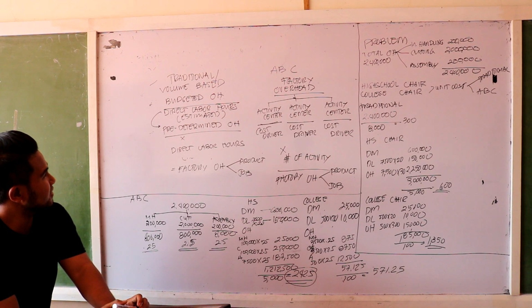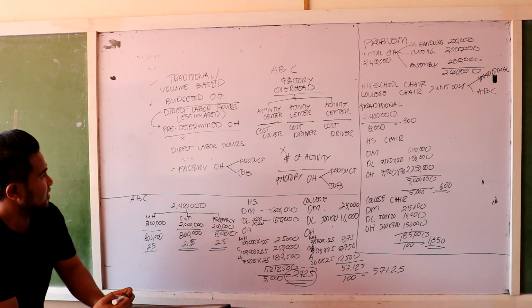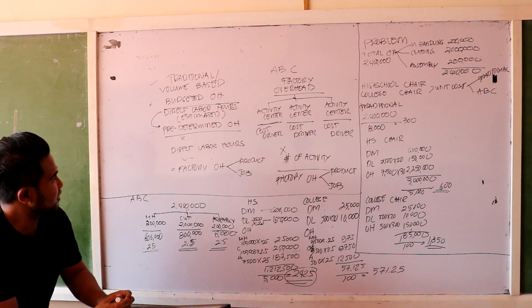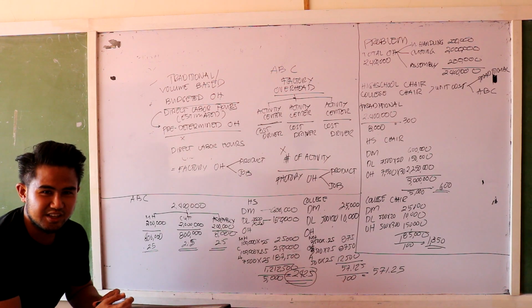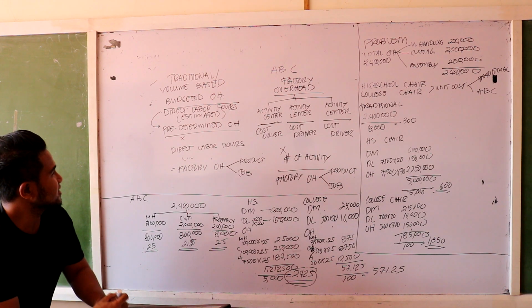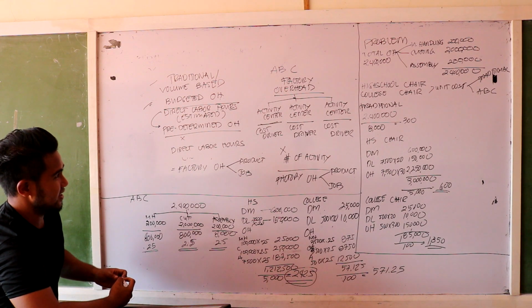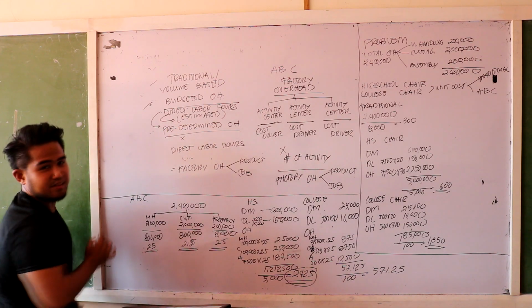So how will we allocate indirect costs using traditional or volume-based costing? So we have this formula. Familiar itong formula na to kasi nga na-discuss na to when we are discussing normal costing in your cost accounting. So we have your budgeted overhead divided by your direct labor hours. Siyempre, yung direct labor hours natin, estimated.